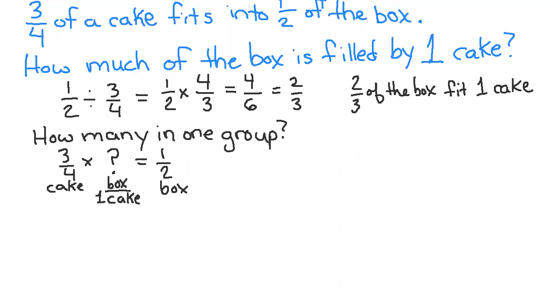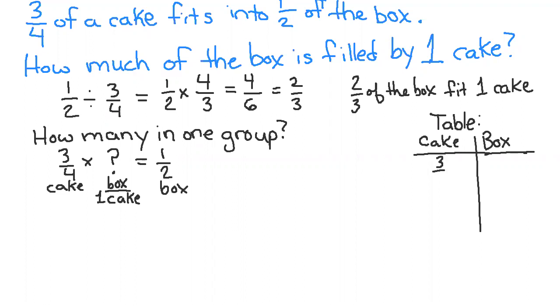One way is to imagine a table. If we have a table, we could look at the amount of cake that we have and the amount of the box that we filled. We were told that 3/4 of a cake fills 1/2 of the box.